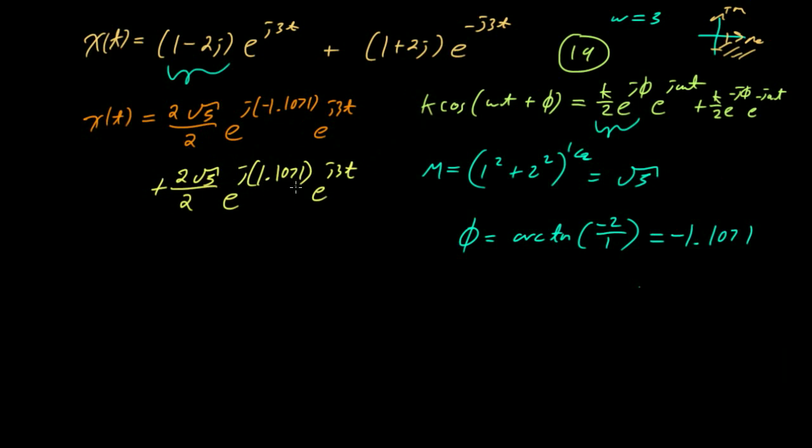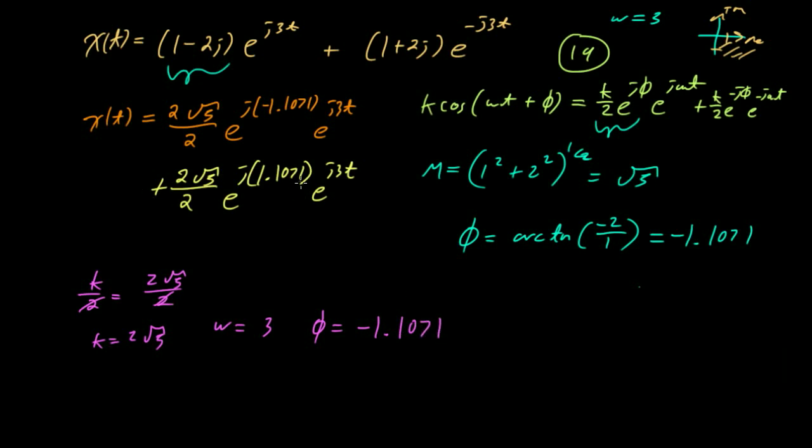I didn't even have to do the complex conjugate because I already have all the information I need. I know that my k over 2 is equal to 2 root 5 over 2. The 2s cancel, so my k is just equal to 2 root 5. I can tell that right from here. I know that my omega is equal to 3. We could tell that before we even really started doing anything with this problem. And I also figured out that my phi, my phase, is equal to minus 1.1071.